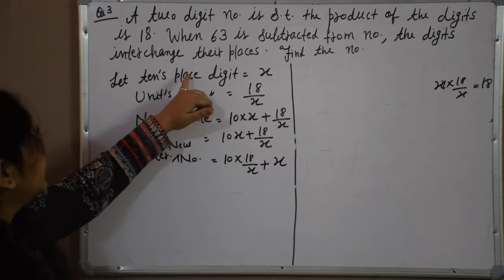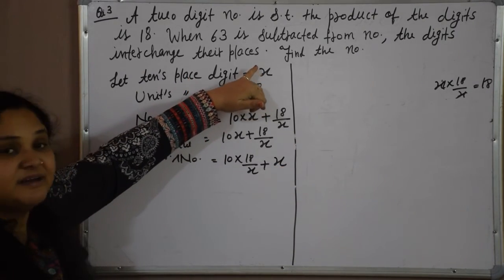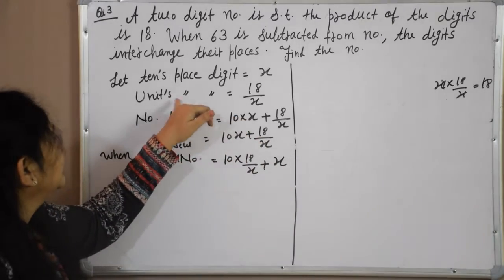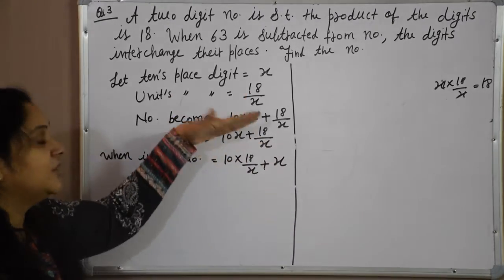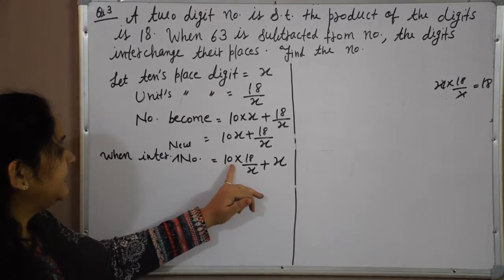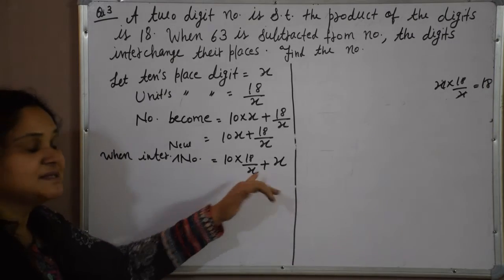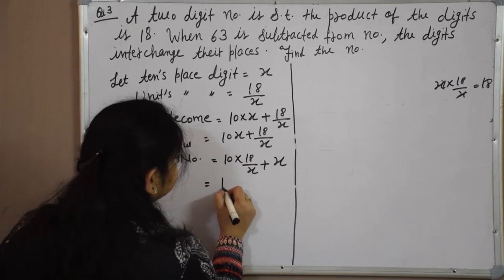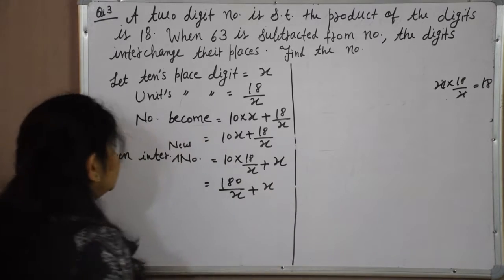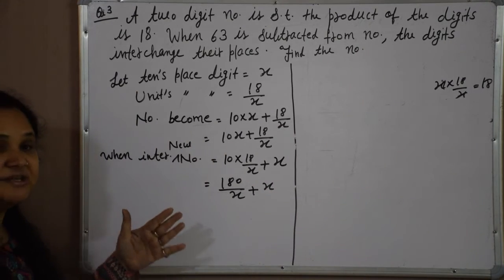See carefully, our tens place was x, but here the unit place will become x. So we add x. Our unit place was 18 by x, now it becomes our tens place. So we multiply 10 into 18 by x plus x, that is 180 by x plus x. This is the new number when we interchange the digits.